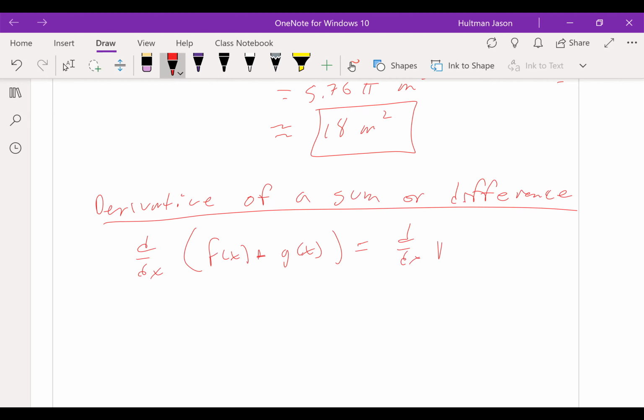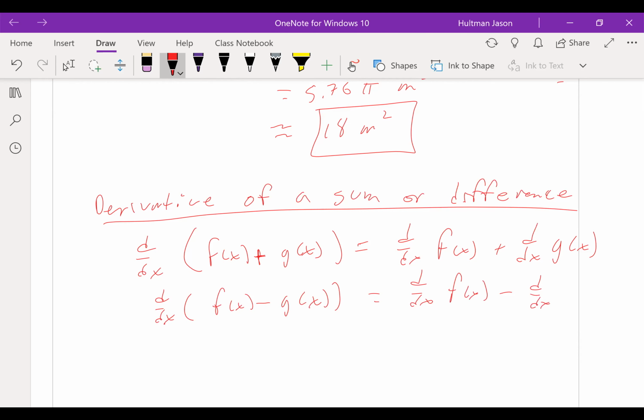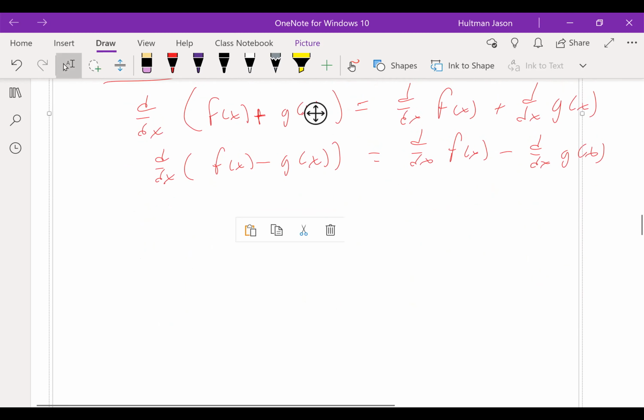You take the derivative of f of x, and you take the derivative of g of x. You just break it up into the derivative of the first and the derivative of the second. The same with a difference. d/dx of f of x minus g of x is equal to d/dx of f of x minus d/dx of g of x. So let's look at this in practice.